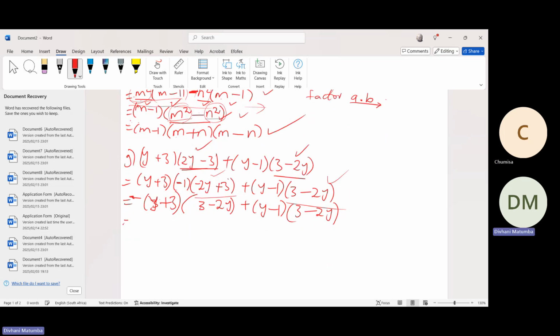What is our common factor? 3 minus 2y. Okay, 3 minus 2y. Then what are we left with this side? Y plus 3, it's negative. Okay, we are left with negative y plus 3. That's perfect. Okay, and on the other side of the plus sign, what are we left with? Y minus 1. Perfect.